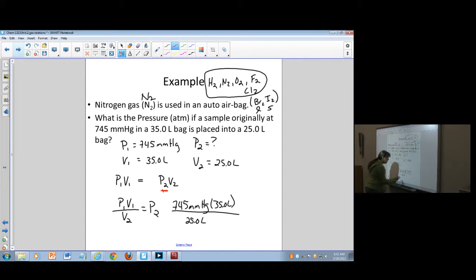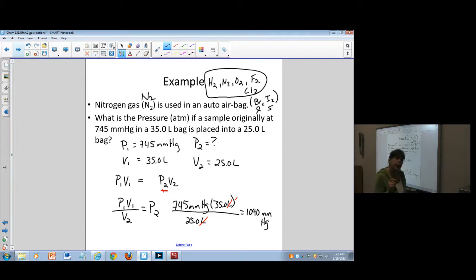So liters drops out, and I'm going to end up with units in millimeters of mercury. And when I do that, that works out to be 1,040 millimeters of mercury. So that would be the pressure under the new situation.